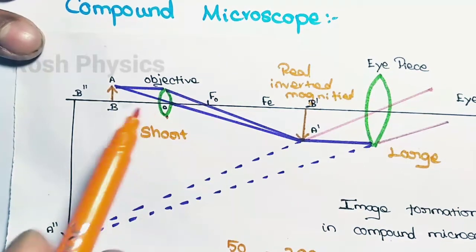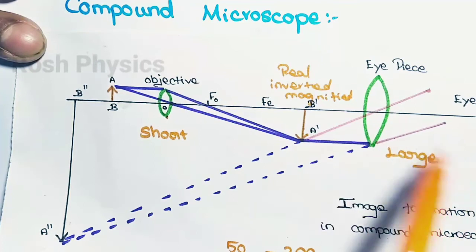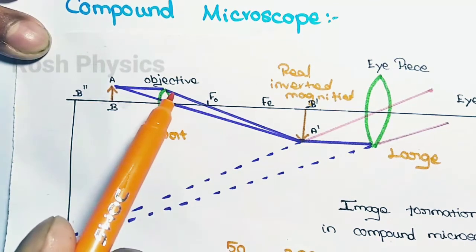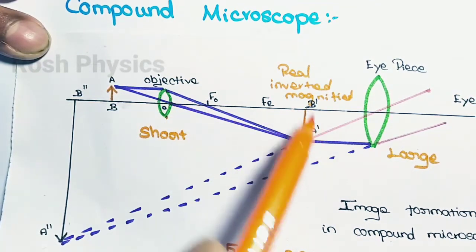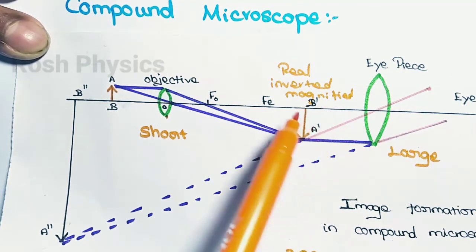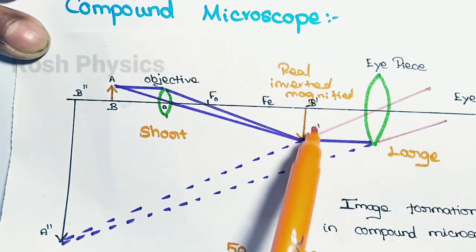The objective lens has a short focal length and the eyepiece has a large focal length. When you place an object near the objective lens, the image formed here is real, inverted and magnified.